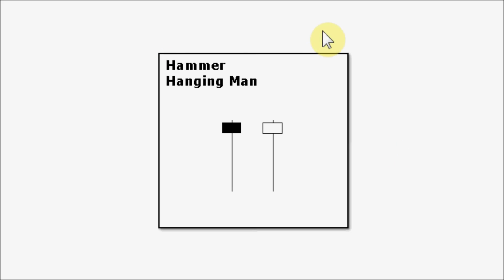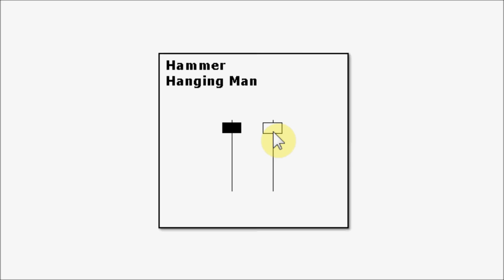One of the next most common types of candlesticks is the hammer and the hanging man. Now, the hammer is a bullish signal that is usually found after a long downtrend. When you see a hammer at a bottom, especially surrounded by a couple of dojis, that could really mean that a bottom is put in. Okay?